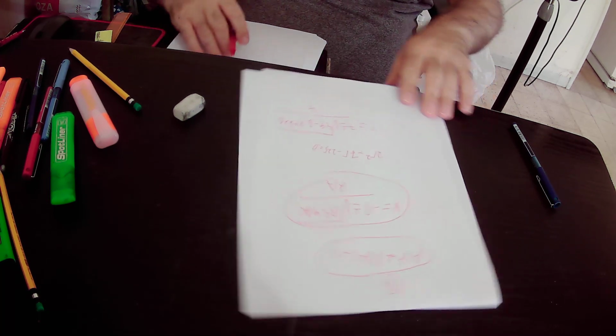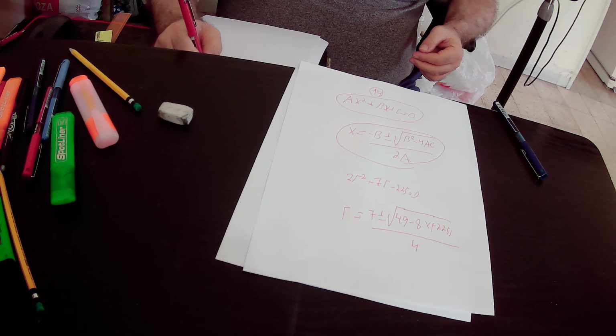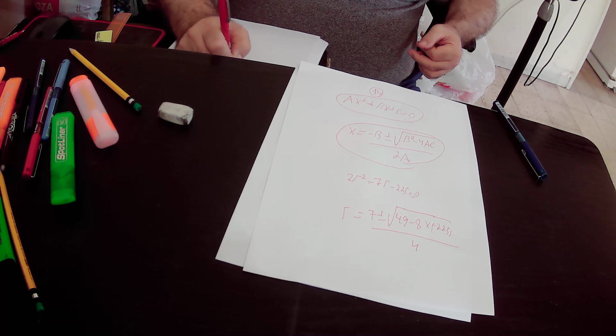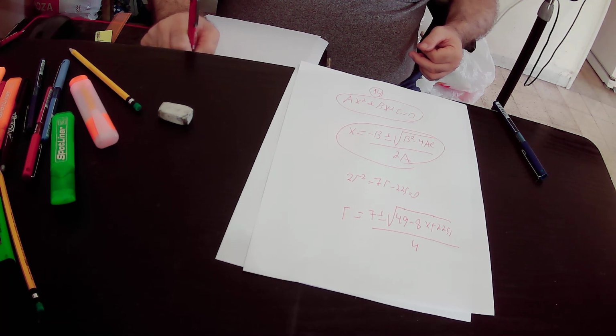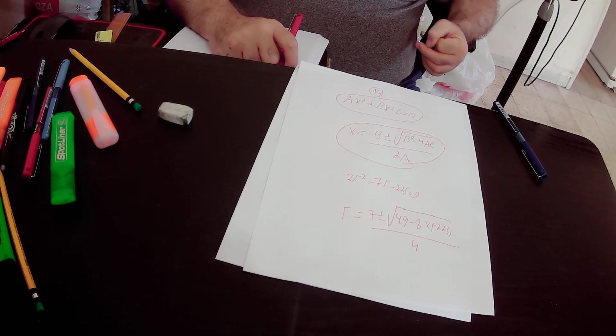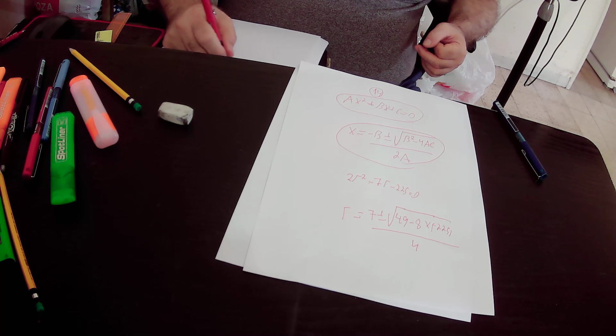So we got that r equals 7 plus minus root of 8 times minus 8 times minus 225 is 1800, and 1800 plus 49 is 1849, over 4.